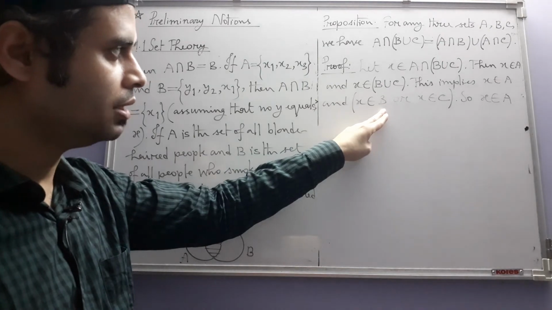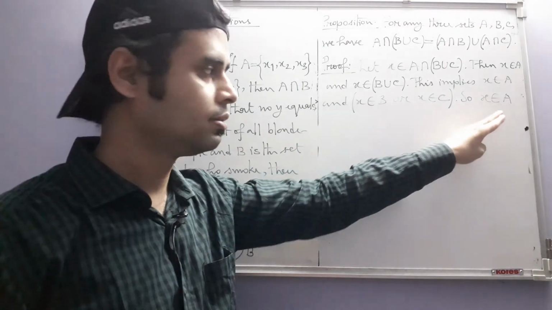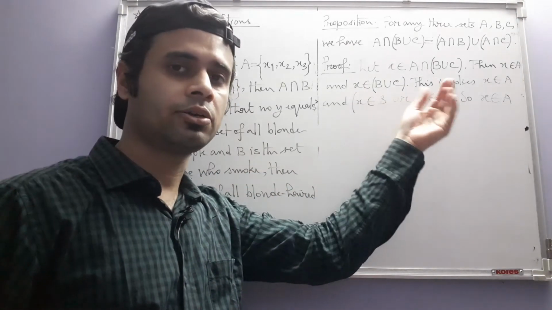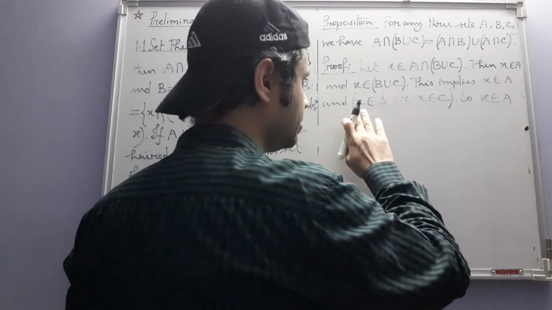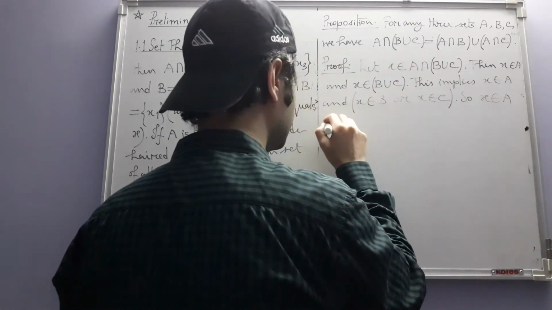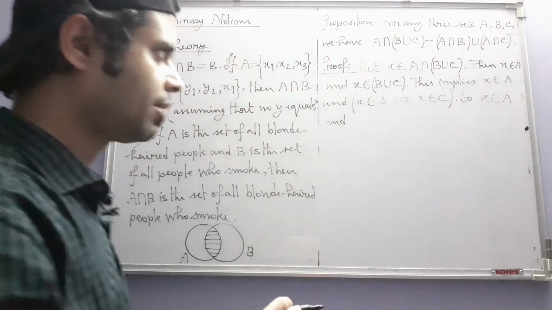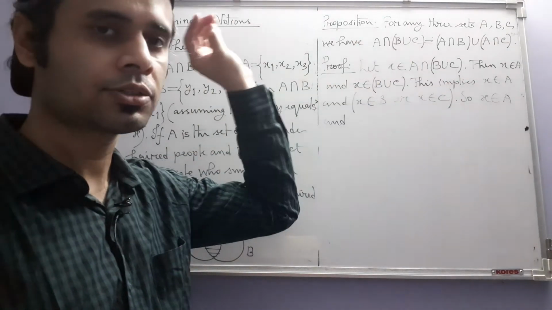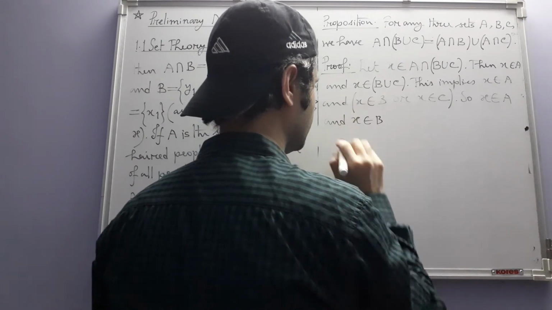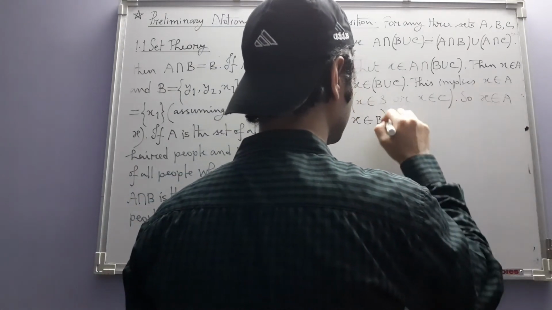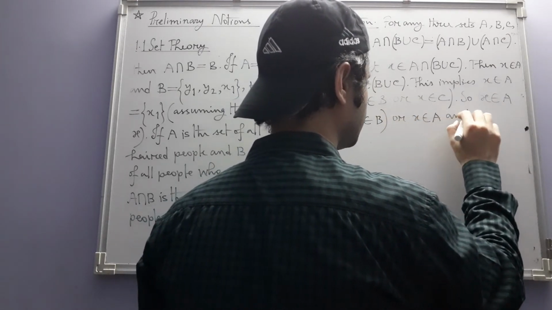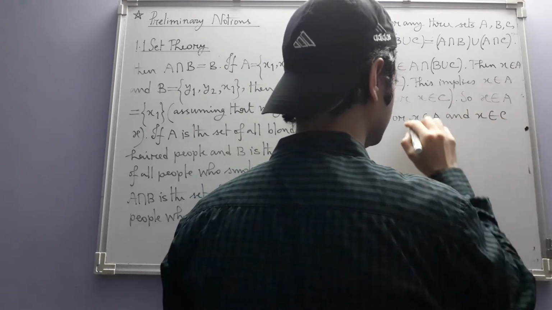If X belongs to B, then also X belongs to A. If X belongs to C, then also X belongs to A. If X belongs to both of them, then also X belongs to A. So we can write with these conditions X belongs to A. So X belongs to A, and this "and" comes from the fact that regardless of the situation, X always is in A, and X belongs to B, or X belongs to A and X belongs to C.